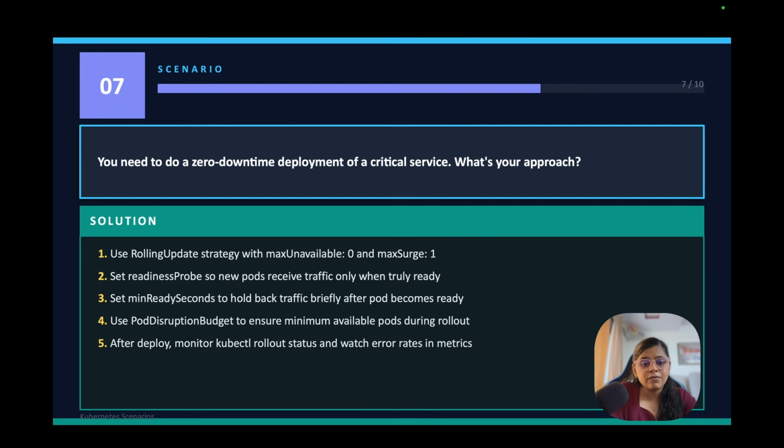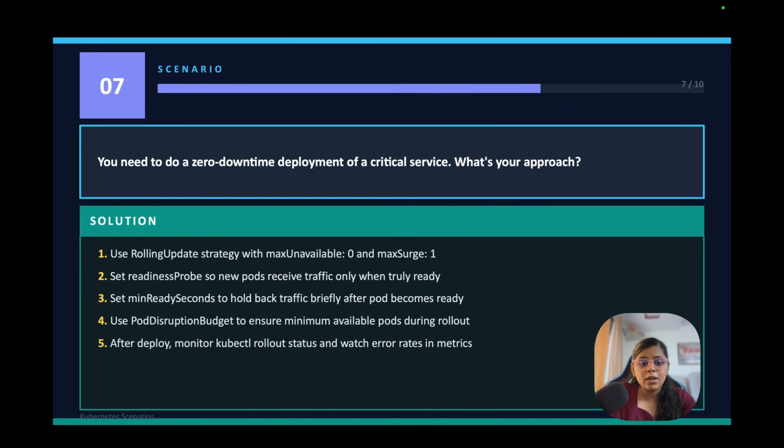Let's say you have 5 pods and you want to take 2 pods for maintenance, then at least 3 pods should be in a running state serving the traffic. This is what is defined within the pod disruption budget. If we define this, it is going to give us zero downtime, right?